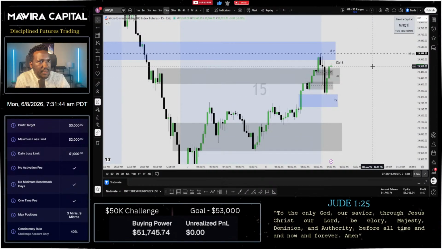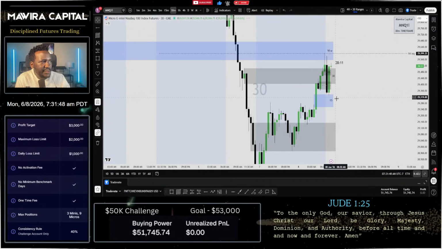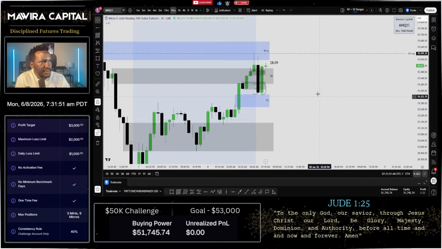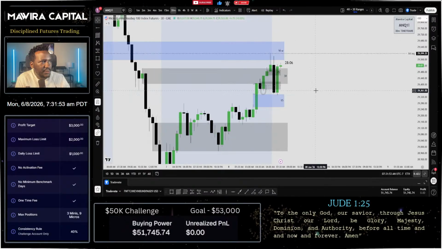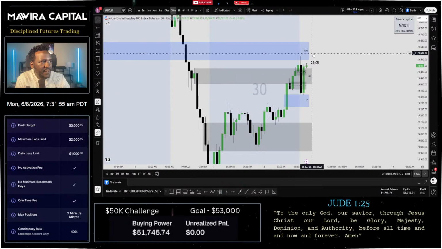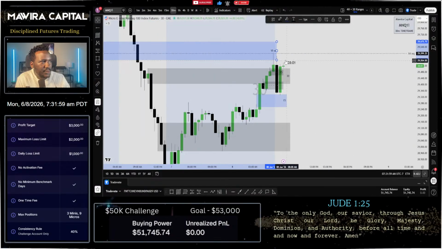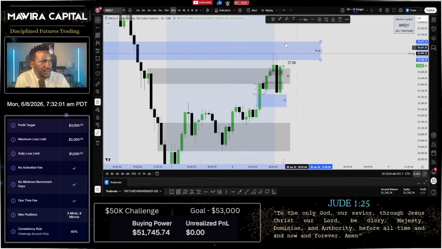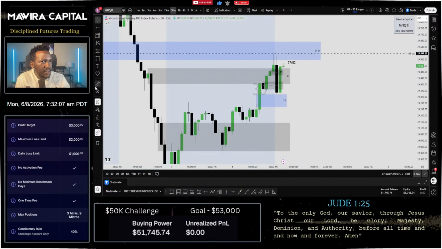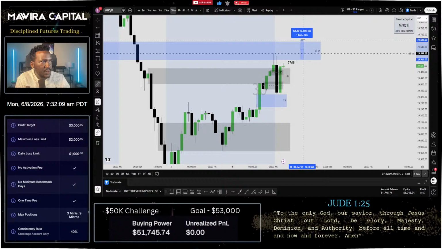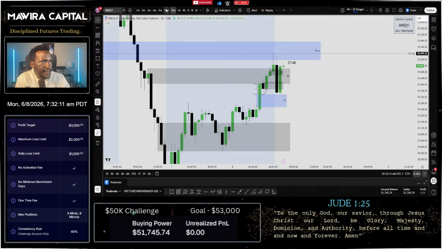So for now I think I'll wait for continuation on the 30 minutes. Maybe wait for a touch to keep going up. There's always something opposing, because then I'm thinking this is going to be a strong resistance area where we touch and then keep going down, but then it's a big range, 100 points.